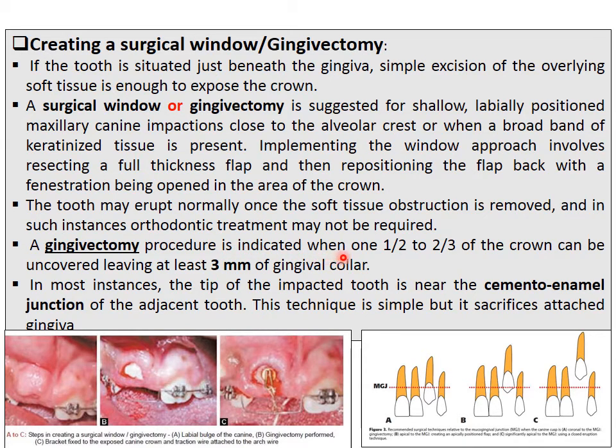Here is the impaction, here is the cemento-enamel junction, and this is the position of the impaction. There is also the mucogingival junction between the alveolar mucosa and the attached mucosa. If the tooth is coronal to this line, most often we do a gingivectomy. If it is above, we have to use the closed method of eruption or the apically repositioned flap.